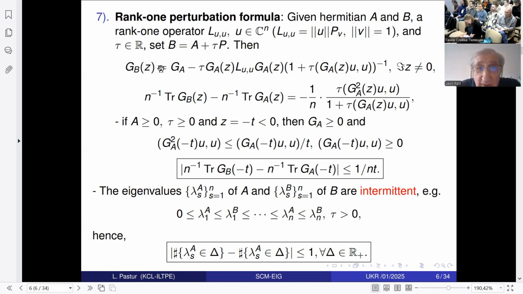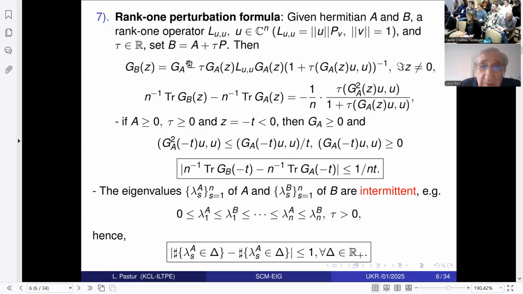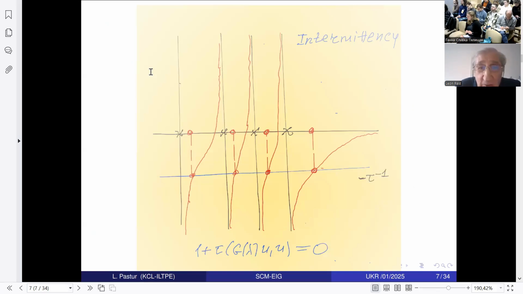that if you just have the Hermitian matrix A with eigenvalues lambda 1, lambda superindex A, and then you add the perturbation of that form, positive, then all eigenvalues of B are shifted to the right, but not too much, just to be between each one, between eigenvalues of the unperturbed matrix.